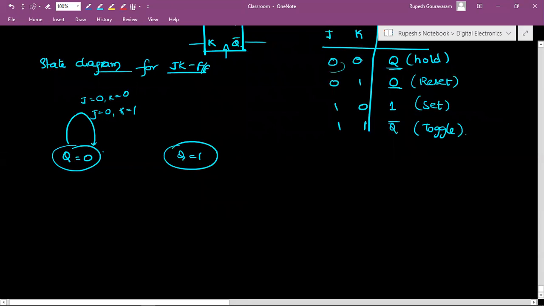Suppose the value is Q equal to 0. If you get 10, then you will have set, that is 1. So how will we go here? This is Q equal to 0 as the state, and to go to Q equal to 1, then see.